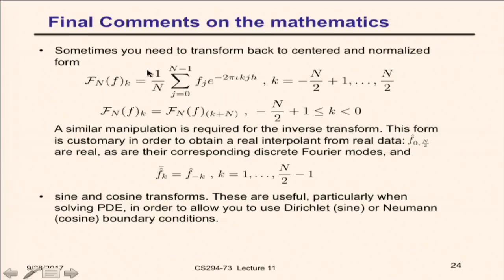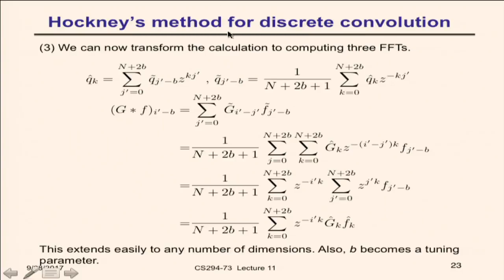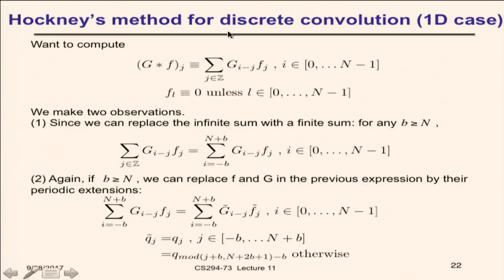So, final comments on the mathematics. Why is this useful? There are lots of problems in which you really want to compute this. Let's say you're doing a molecular simulation.